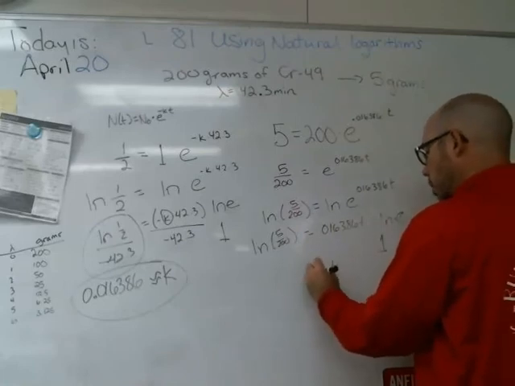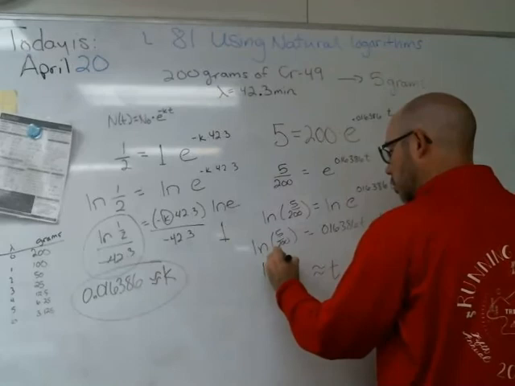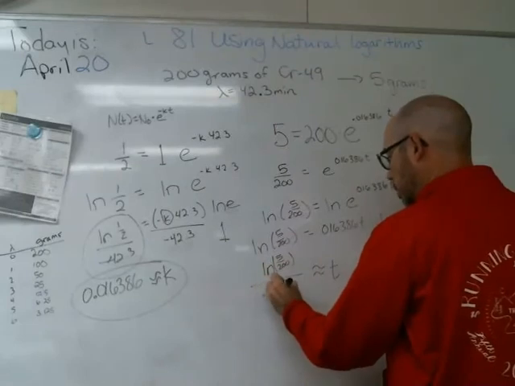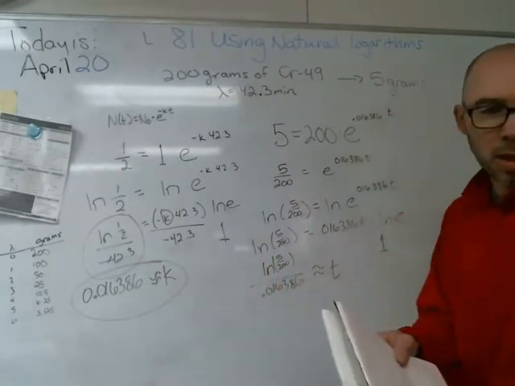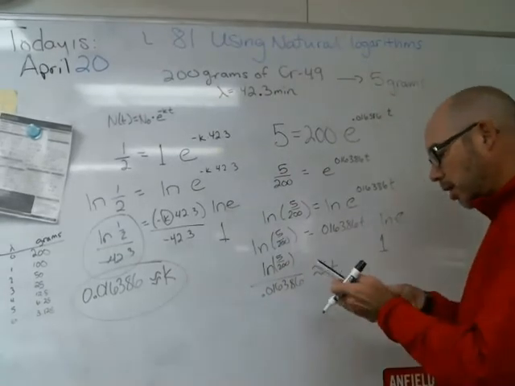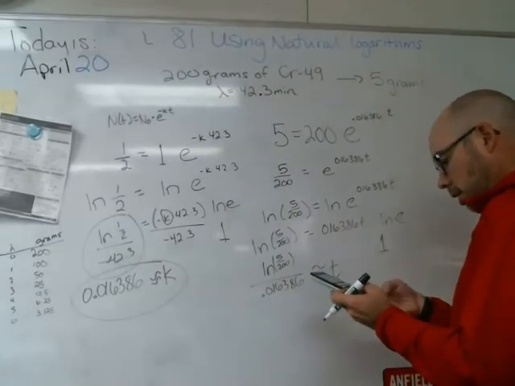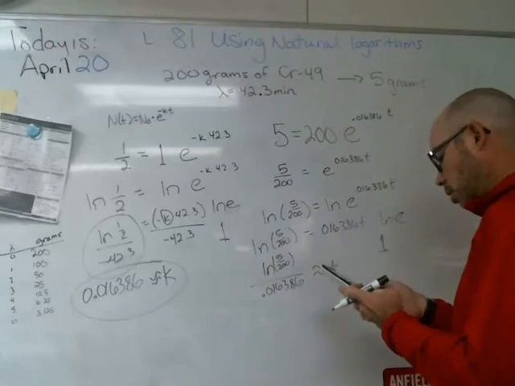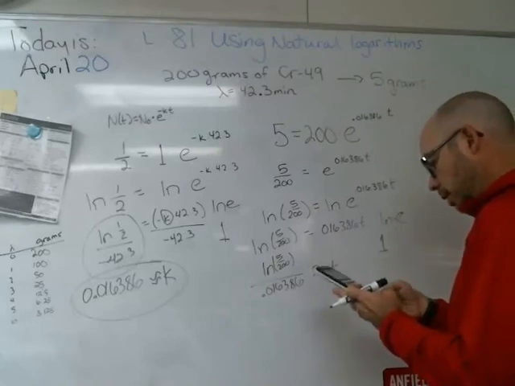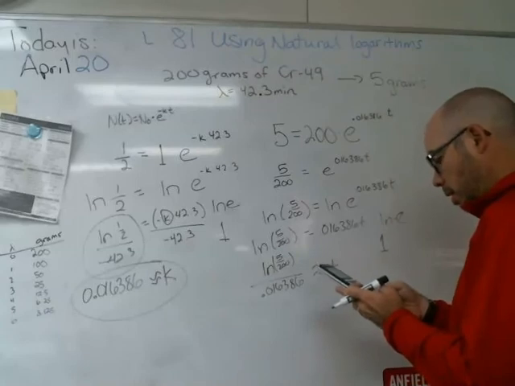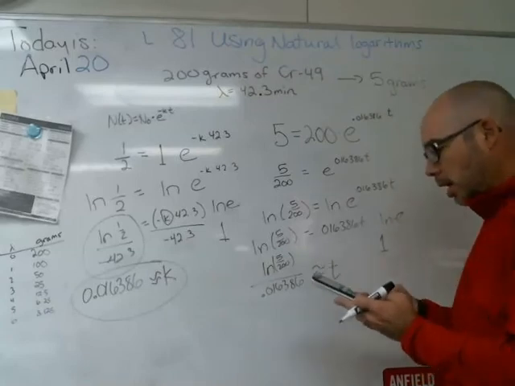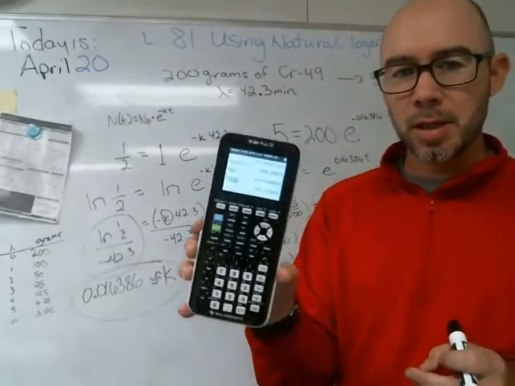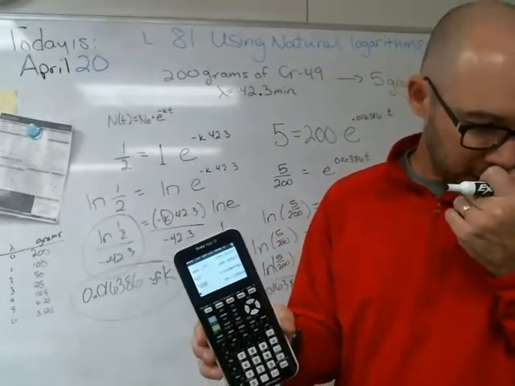So t is approximately the natural logarithm of that fraction, divided by 0.016386. Calculator time. I could have simplified that anywhere in there, but I decided just to leave it. Natural log of 5 over 200, over 0.016386, enter, and it gives me a negative number, which made sense, because I guess I should have left that negative in there.